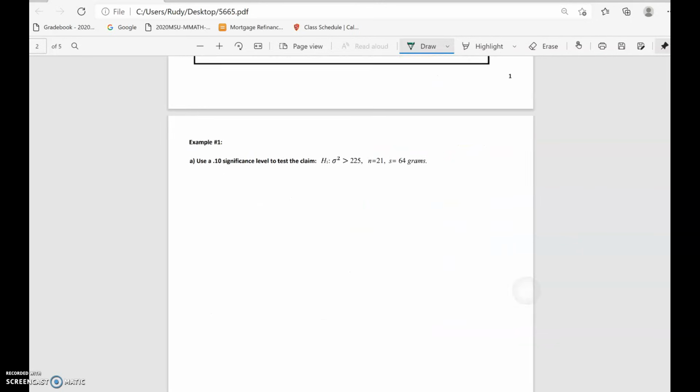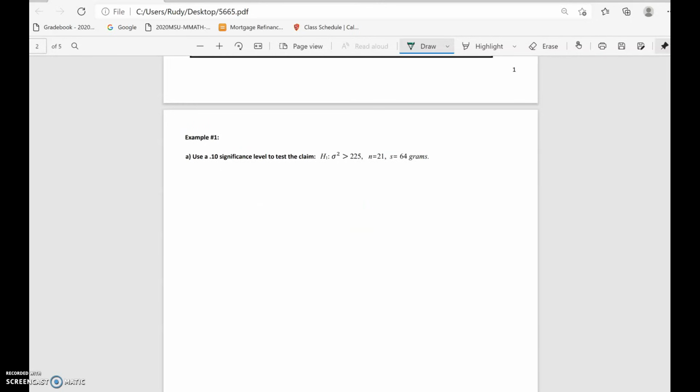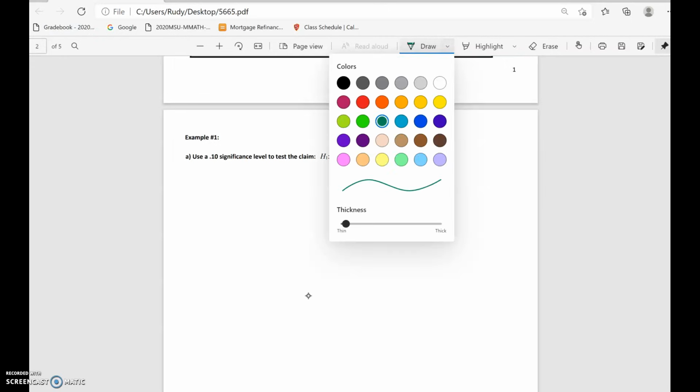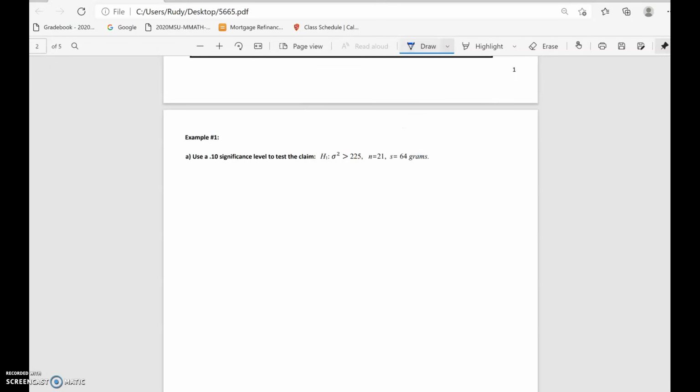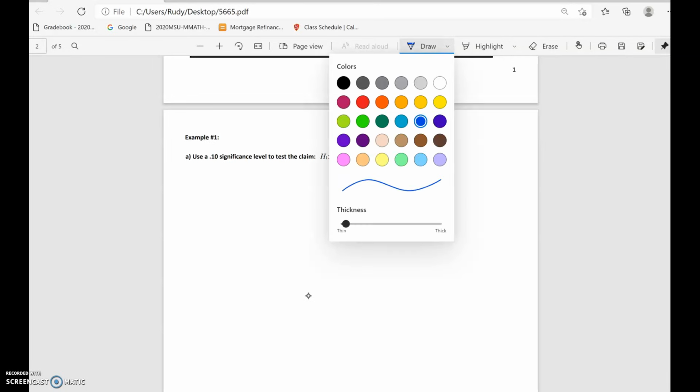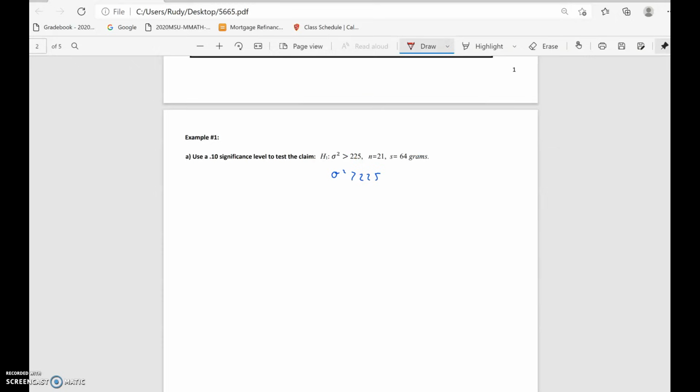On the first problem, we're just given the following information. And in this case, the actual claim is in terms of the variance. So what I'm going to do is just rewrite it. The variance is greater than 225. So I'm just going to take the square root of both sides.